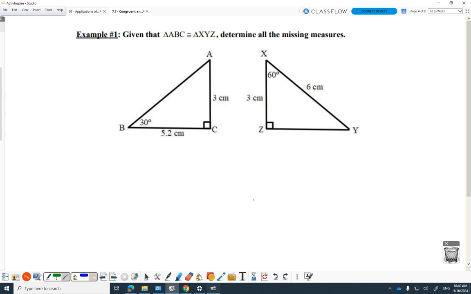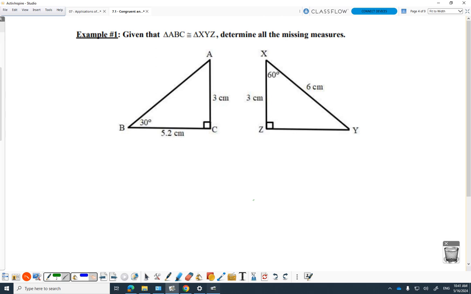Take a minute, look back and forth carefully at the two triangles. There you go. Are you done? I hope so.